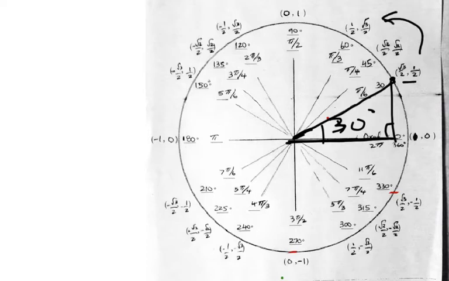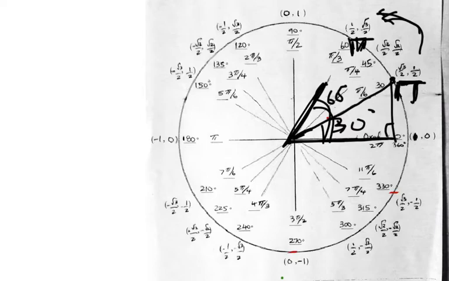You see that in my first ordered pair I have square root 3 over 2, comma 1/2. In the next one, which belongs to my 60-degree angle, my ordered pair is flipping. What used to be y now is x, and what used to be x now is y.